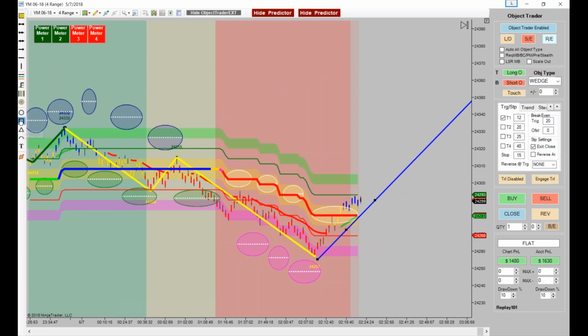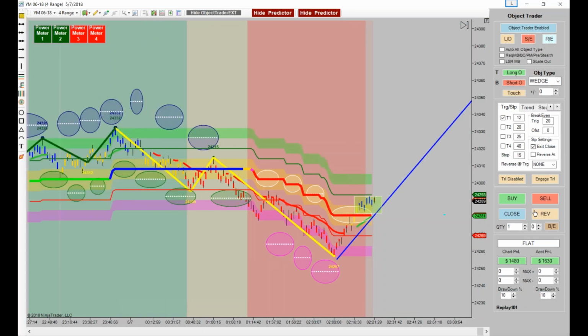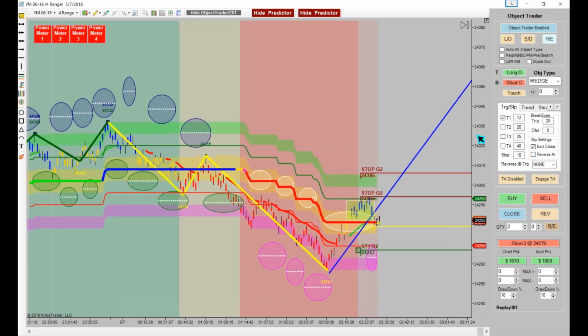All right. It's pretty much going to have to take that out, isn't it? Let's see if we get something. And we're short on touch, so we're good. Well, it didn't fire my trade on my wedge, so I fired it manually.